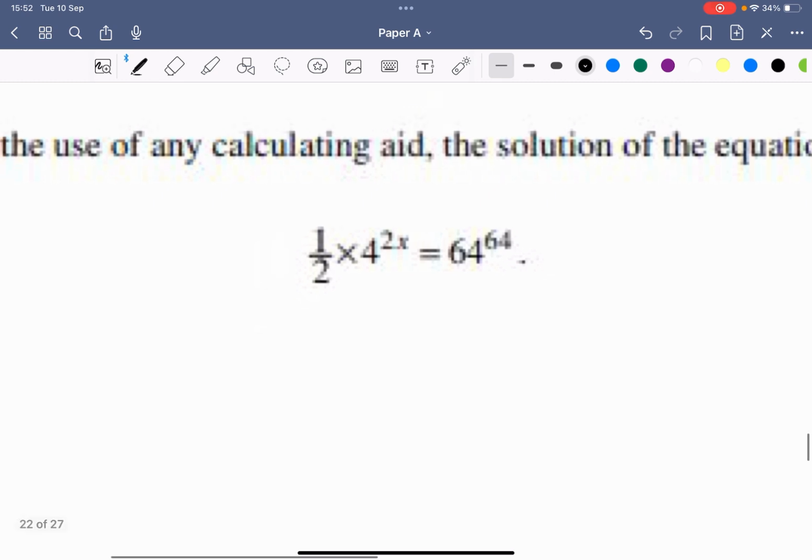So I'm going to write a half as 2 to the power of -1.